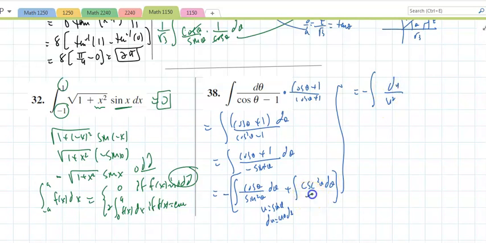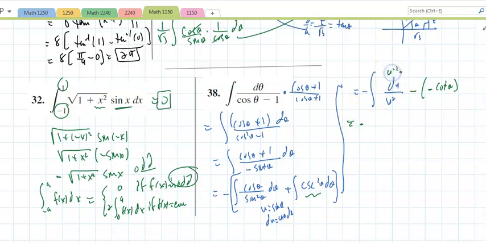And here, I say minus. This is going to be the integral of, and let's see, take a derivative of negative cotangent, right? So that is negative cotangent of theta. There. So this is going to equal negative.